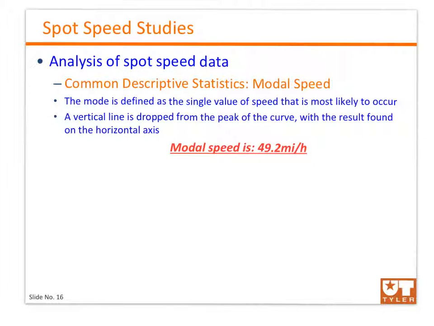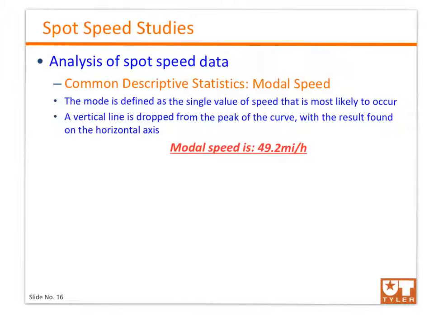Another common descriptive statistic that we are interested in is the modal speed. Modal speed is defined as the single value of speed that is most likely to occur. So we need to look at the most frequent speed that happened during the observation. For this case, the modal speed was 42.9 miles per hour, which has the highest frequency.